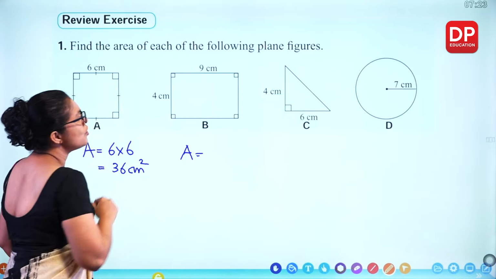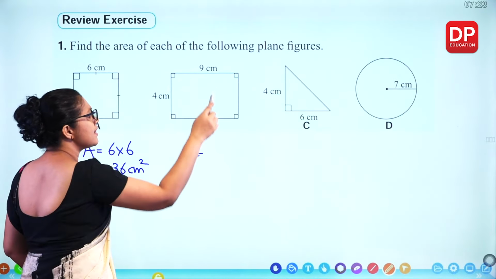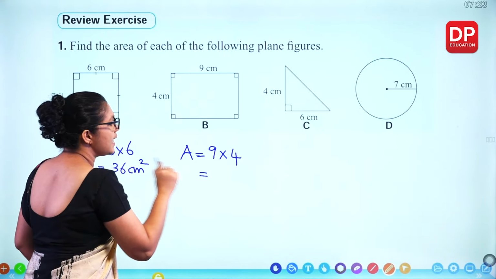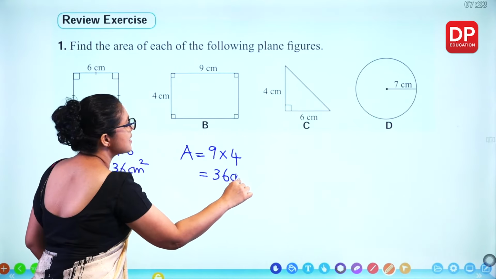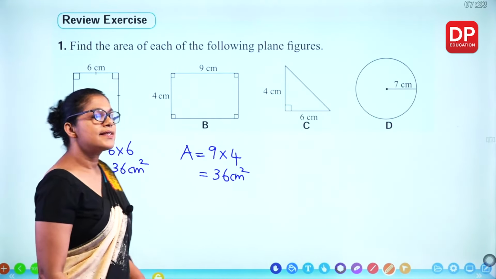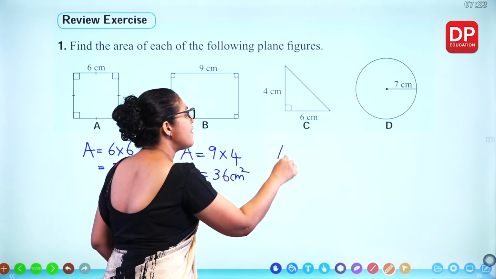So here, what's the area of this figure? Area is equal to, this is a rectangle, length into breadth. So length is 9, breadth is 4. So what's the area of this rectangle? 9 times 4, 36 square centimeters. What about this one? This is a triangle, a right angle triangle. So how can we find out the area?